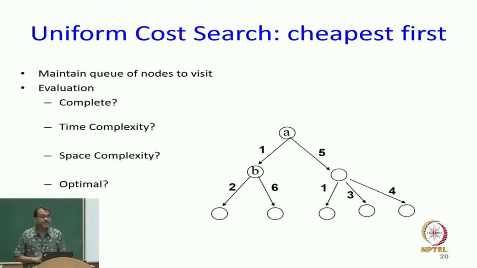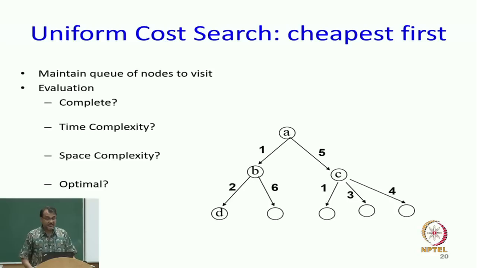So, I expand B. Now, as soon as I expand B, I can now expand D, E and C, but D is at cost 3, E is at cost 7 and C is at cost 5. So, what do I expand? D, because that is the cheaper one, exactly, it is at cost 3. So, what will be next? C, right, because it is 5.